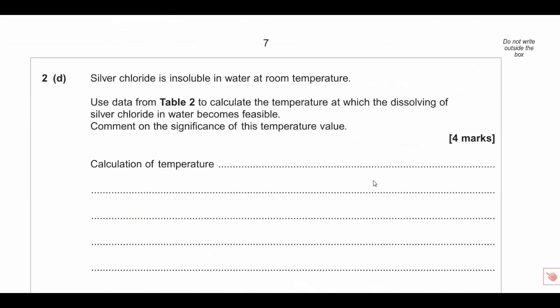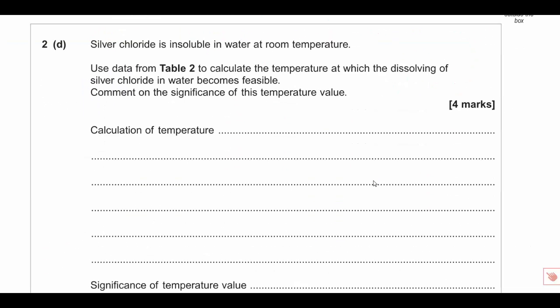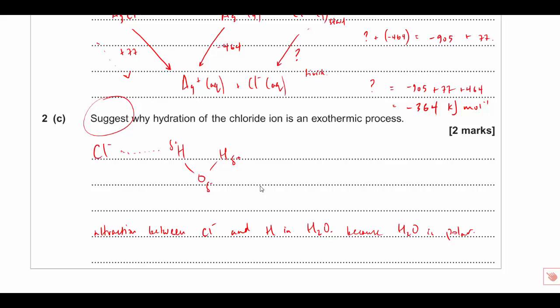Going down, 2 marks. Silver fluoride is insoluble in water at room temperature. Use data from table 2 to calculate the temperature at which the dissolving of silver chloride in water becomes feasible. Right, calculation of temperature. So feasibility, we're talking about Gibbs, so delta G is delta H minus T delta S. Let's go up and get some values actually.